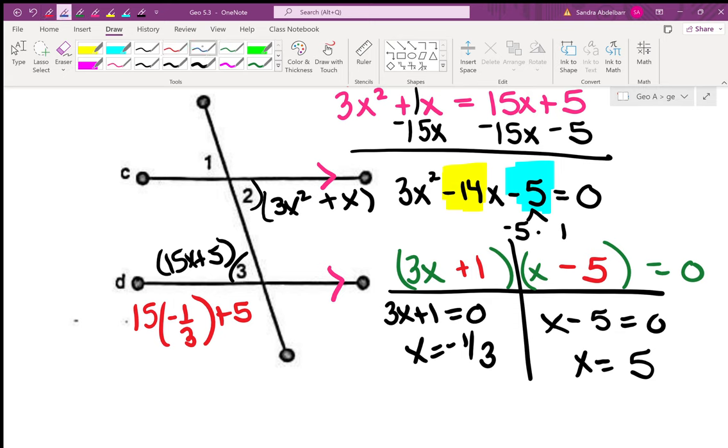Well, 15 times negative 1/3 becomes a negative 5. What's negative 5 plus a positive 5? 0. Can I have an angle that's 0 degrees? No. So I'm rejecting the negative 1/3.